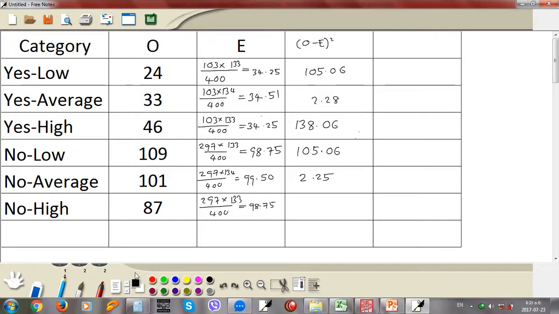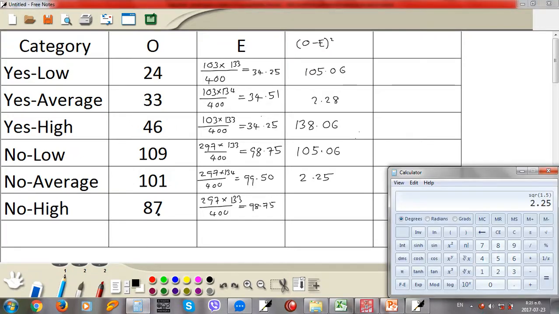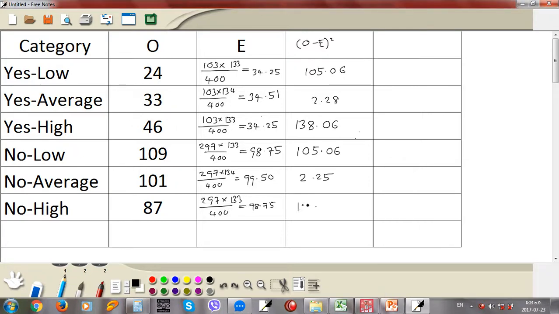Last one, observed value 87, expected value 98.75, square this, value is 138.06. So now we can find the values.